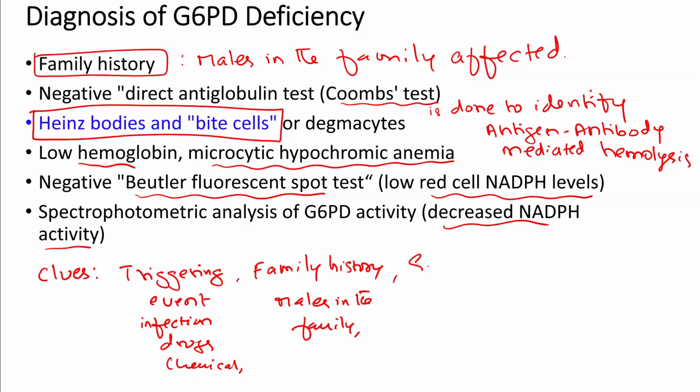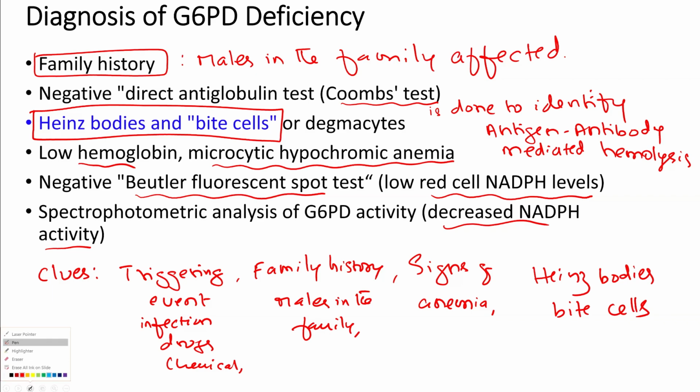And then signs of anemia. And the third one, Heinz bodies, bite cells. So if you have all these things, you cannot go wrong with G6PD deficiency.